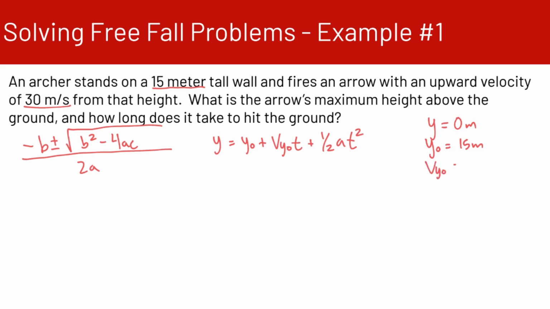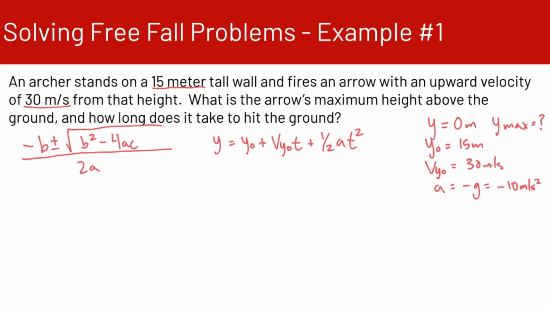Vy naught is equal to 30 meters per second. Acceleration is equal to minus g, which is minus 10 meters per second squared. And we're looking for t. We want y max as well.